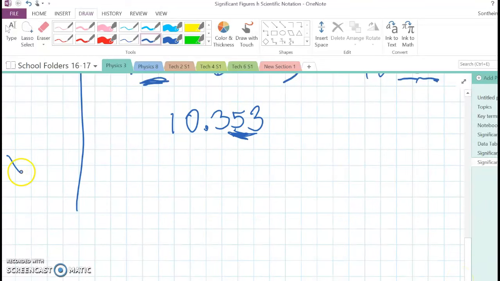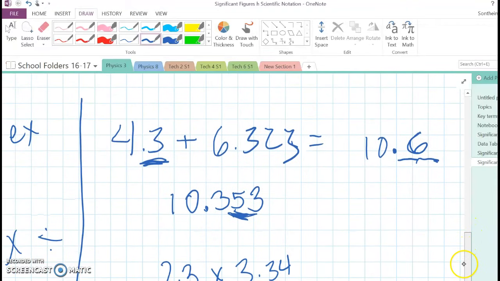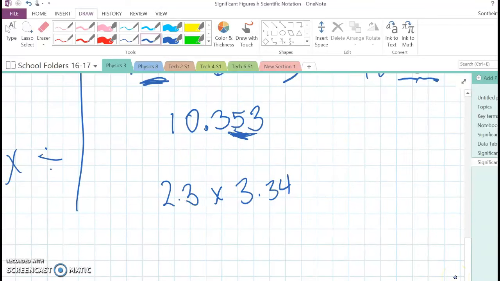Now, if you're multiplying and dividing, this is going to be a little bit different. If I say 2.3 times 3.34, the rule is fewest significant figures. In this case, this has 2, this has 3.